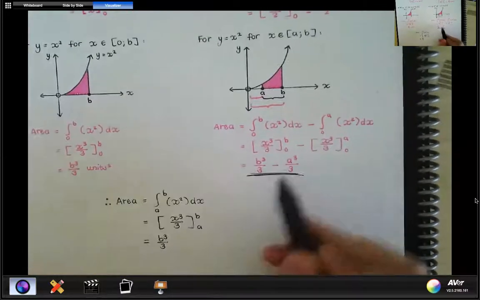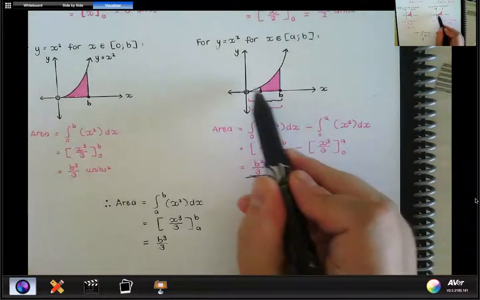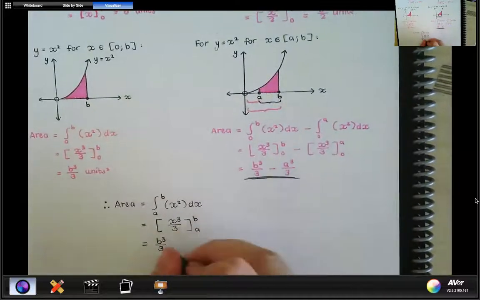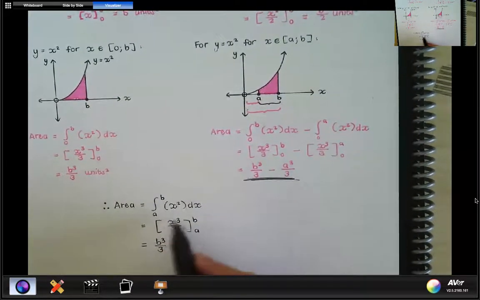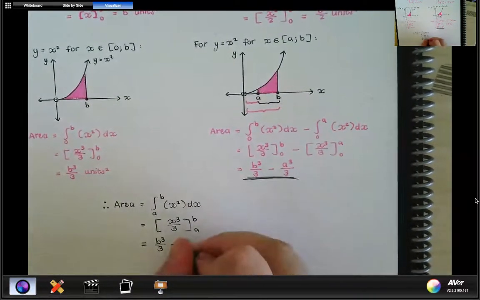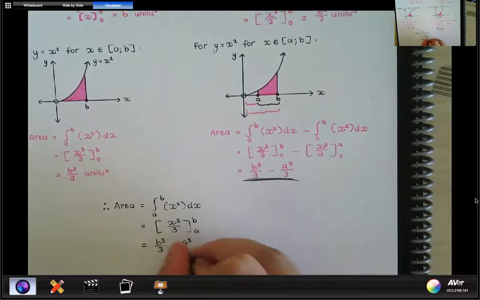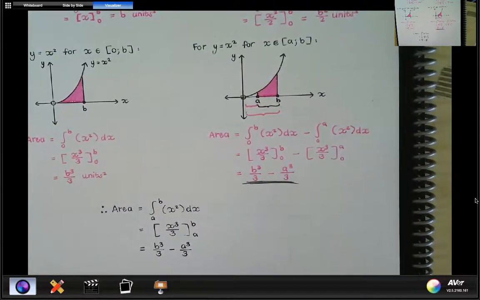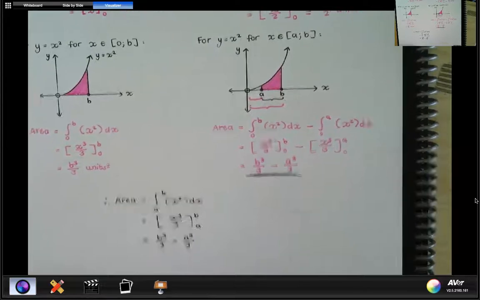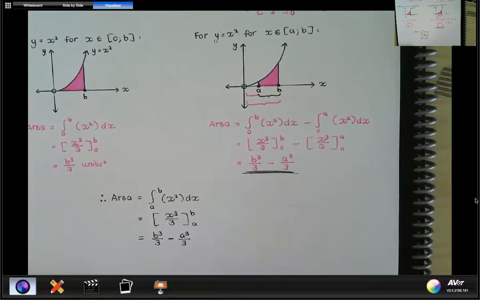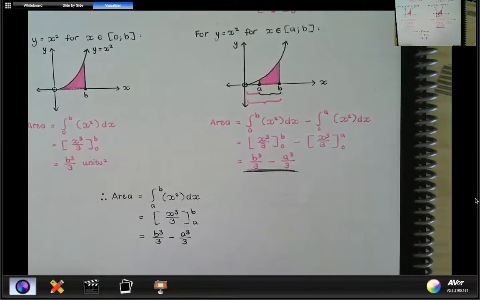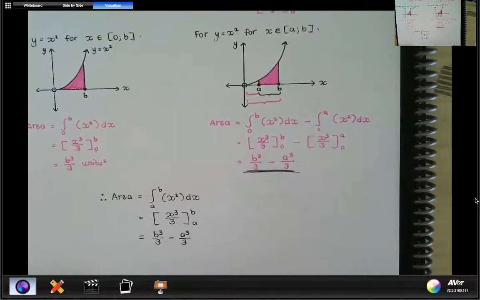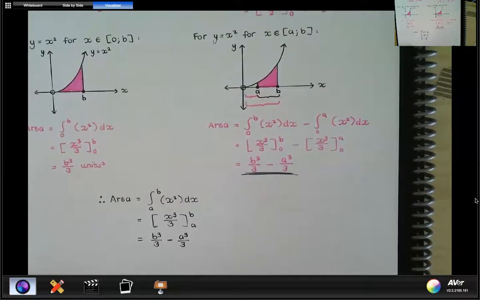And then we're going to minus, because we wanted to get rid of that part of the area, the same function, the same integral, but now I'm going to sub in the beginning x value, which is a. Okay, so that might be a bit confusing at this point. We are going to do numerical examples now as well, so that you can see how it works when we're working with numbers. But that's basically what it comes down to.